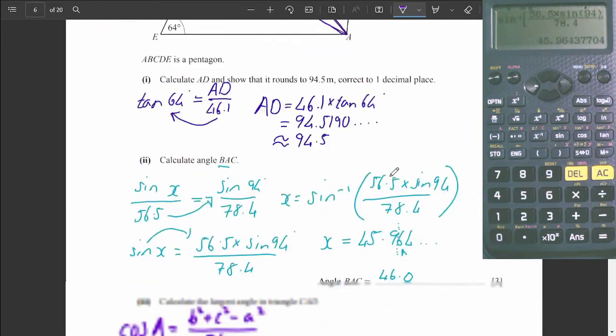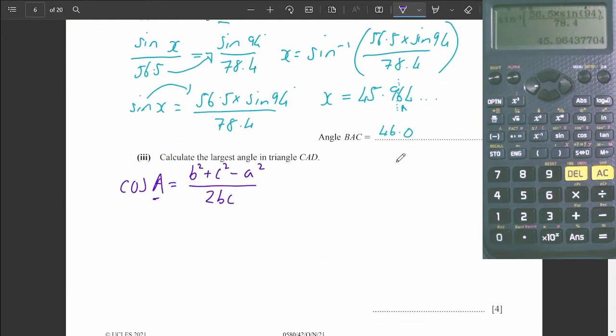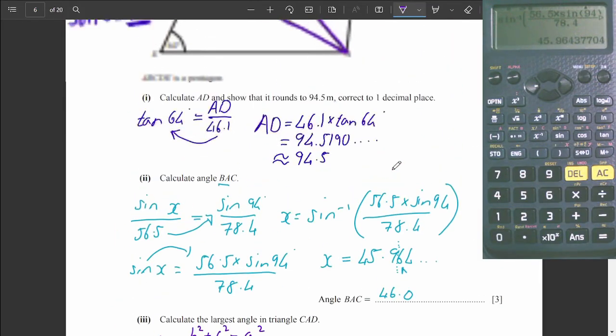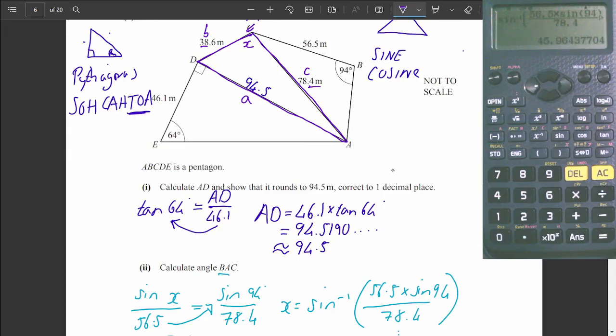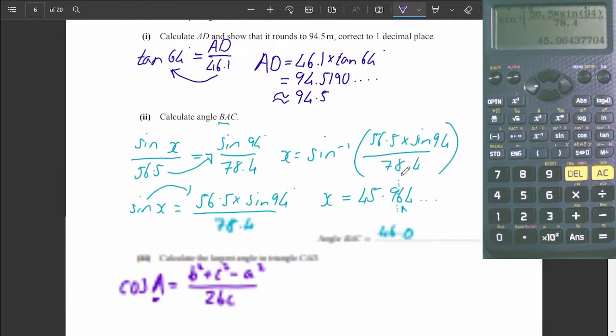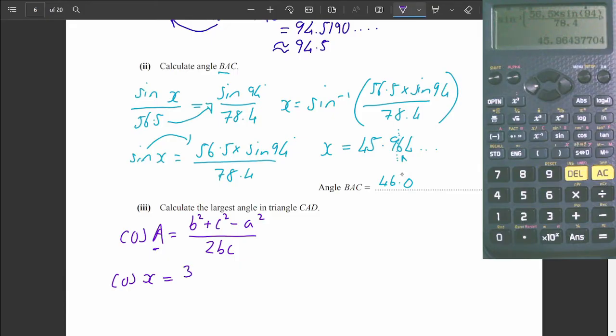So let's write that down. Right, so we got cos. I've now relabeled it X, the angle I want to know. B and C is the other two sides, 38.6 and 78.4. This order doesn't matter. So 38.6 squared and 78.4 squared in any order.